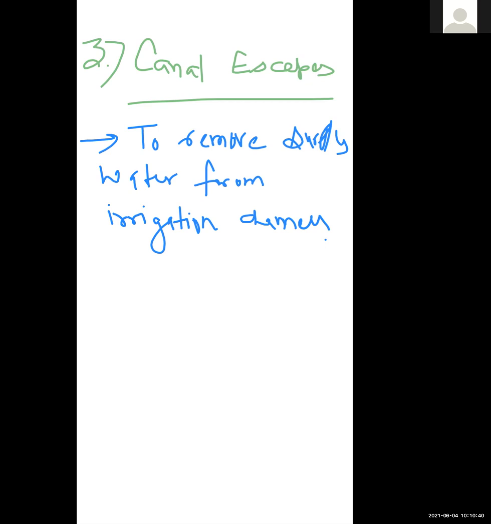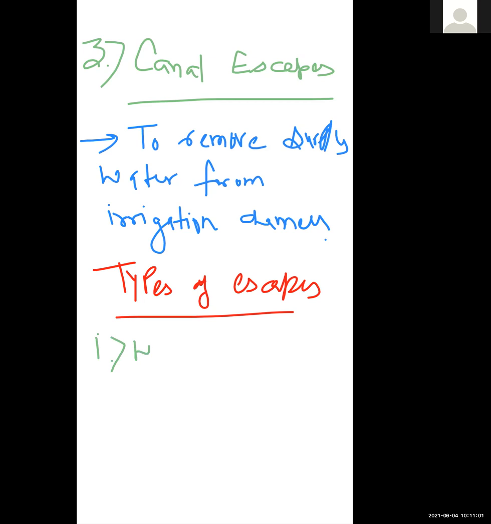So different types of canal escapes are used. Types of escapes: first is the weir type. Second is the regulator type.